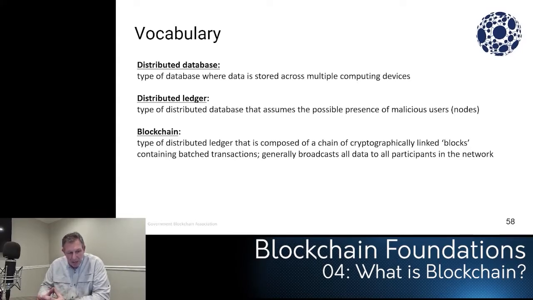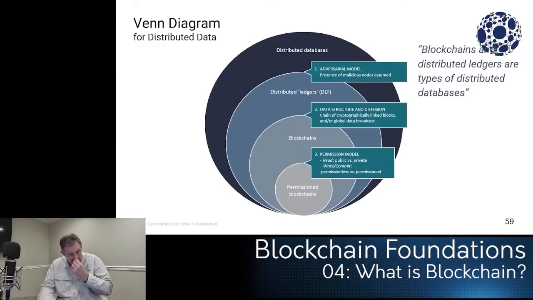And then a blockchain is a type of distributed ledger that is composed of a chain of cryptographically linked blocks containing batches of transactions, generally broadcast to all the participants in the network. So a blockchain is a subset of a distributed ledger, and a distributed ledger is a subset of a distributed database. In other words, this picture here does a pretty good job. So you get distributed databases, of which distributed ledgers are a subset, and then blockchains are a subset of that.